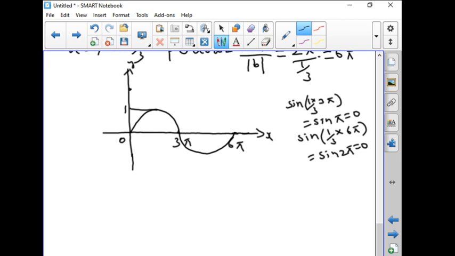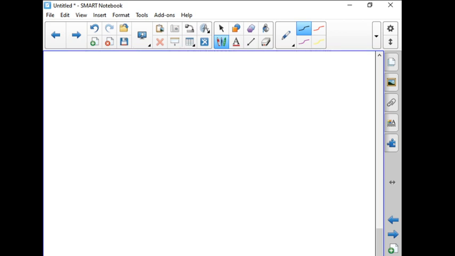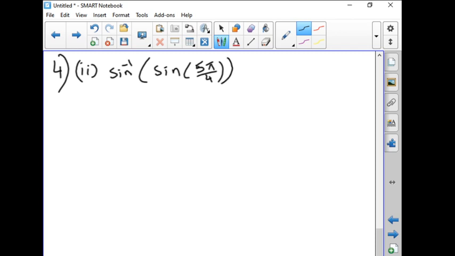Okay, now we will go to question number 4. Fourth question. Find the values of, here we will do second subdivision. First one you can take it for homework. Sin inverse of sin 5 pi by 4.